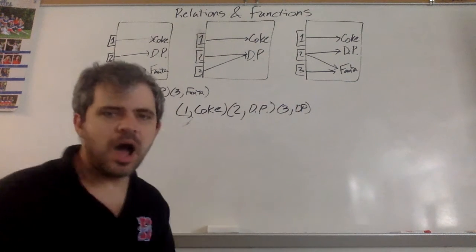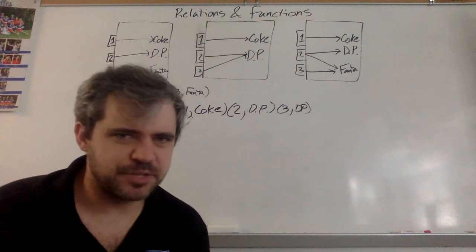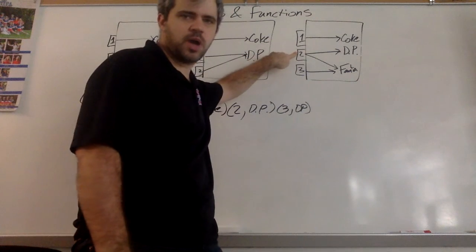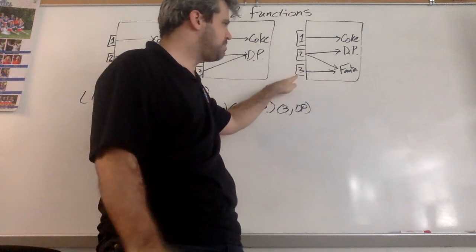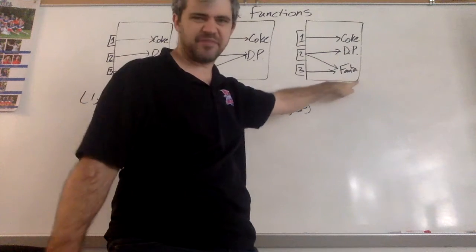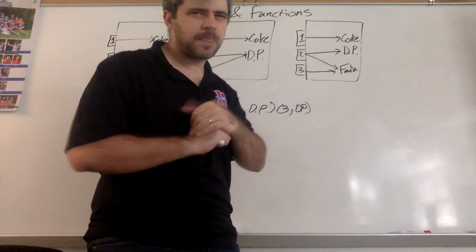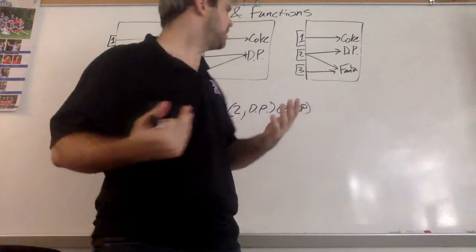Okay, but let's look at this last vending machine. If we press a 1, we get Coke. If we press a 2, we get a Dr. Pepper. But we could also get a Fanta if we press 2. Is this a viable vending machine?